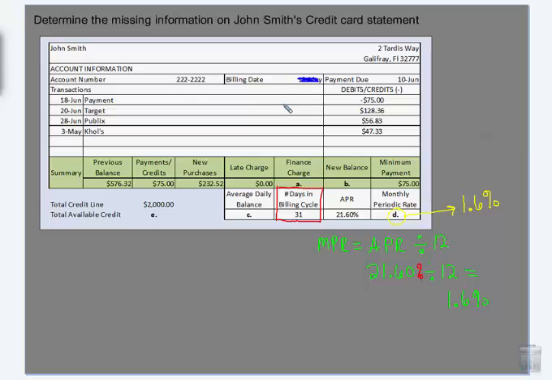We need to change that to May 3rd. That needs to be July right there. And this needs to be July 10th. And that needs to be like July 20th or something. Okay, so our billing date is July 10th.